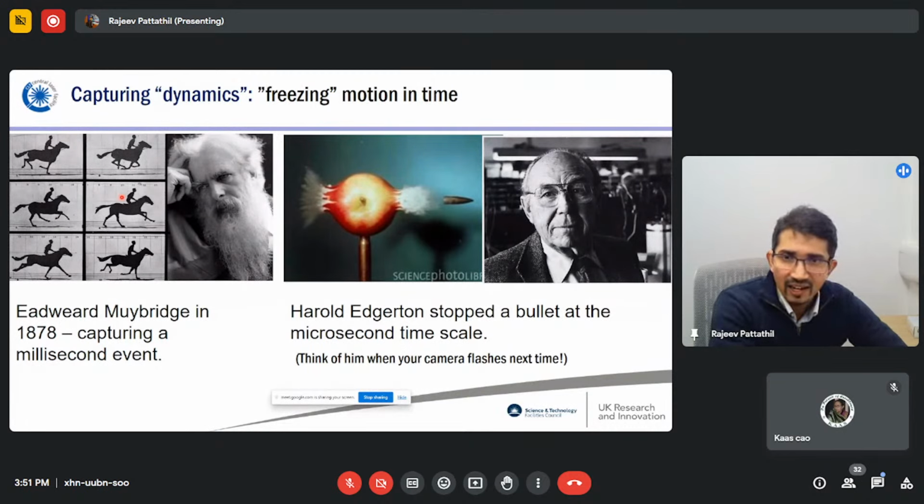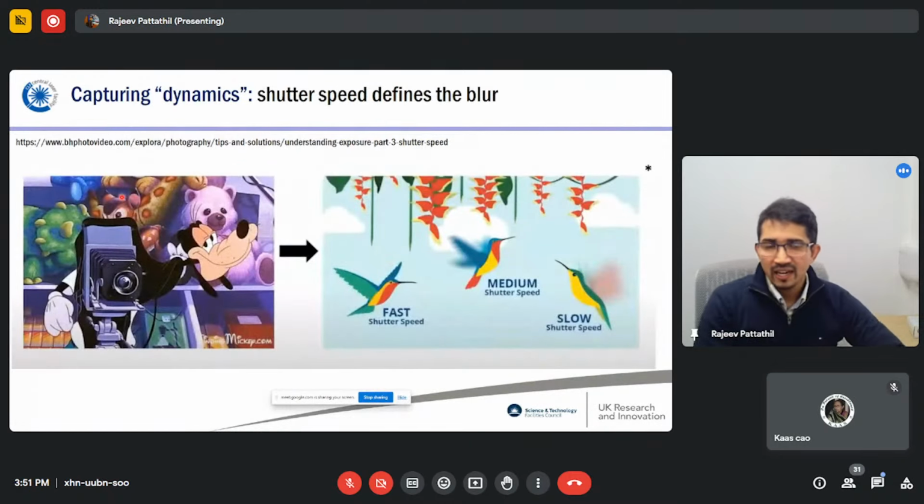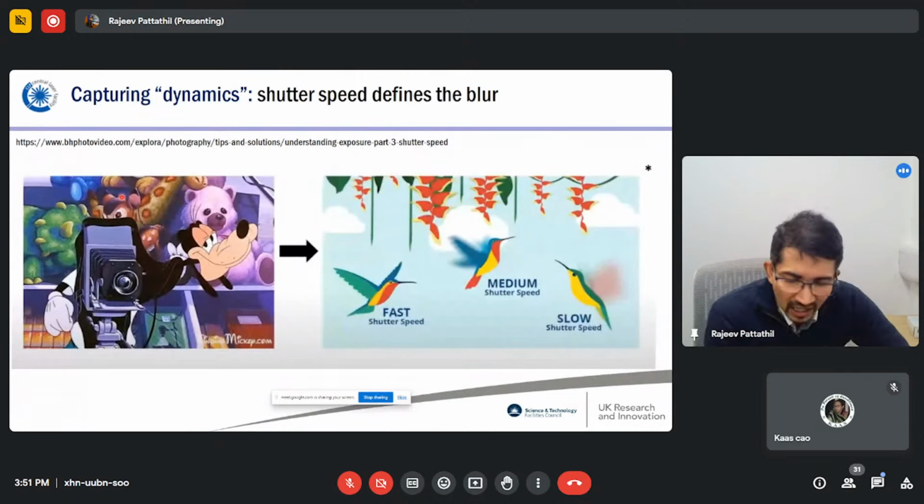Essentially, the way to capture really fast motions depends on cameras with a fast shutter. The shutter speed defines how good your freezing of the motion is, how good the blur is, for example.